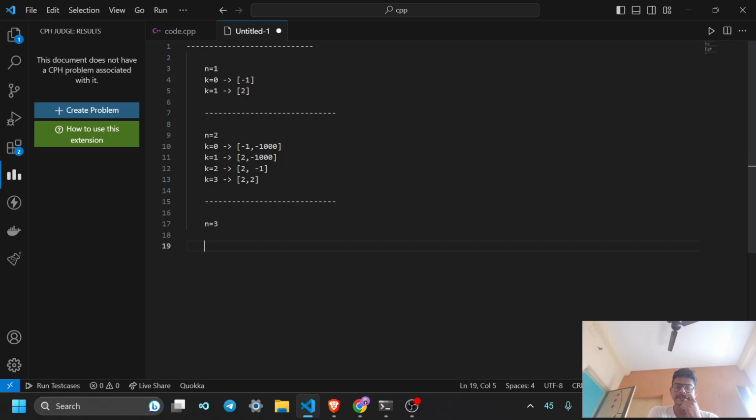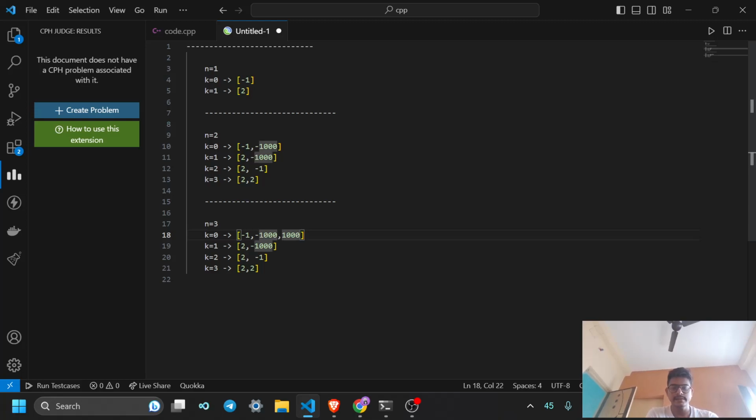So for n equals 3, I have to just copy paste these things, and I will add one negative integer at the back. Is it understandable why I am doing that? Because this thing will give me the answer, and this will give all the negatives if I take that, right?